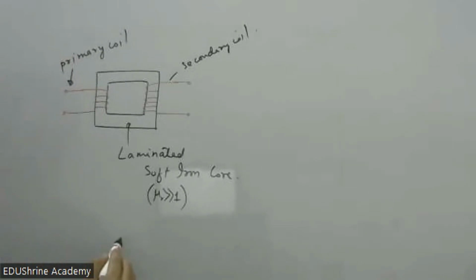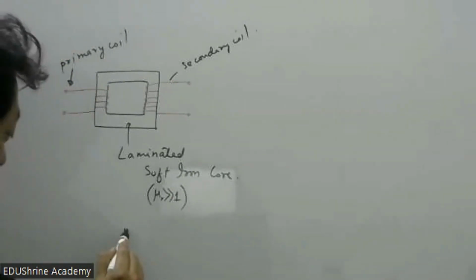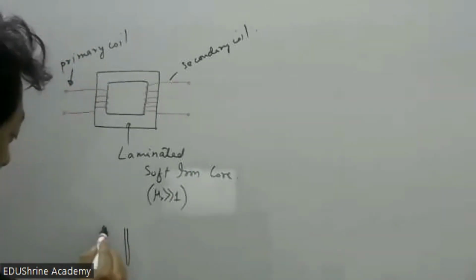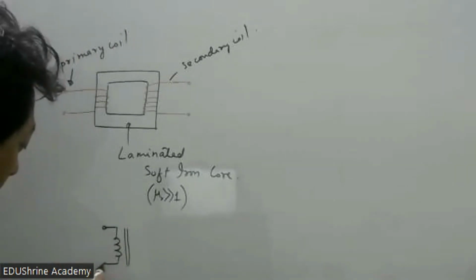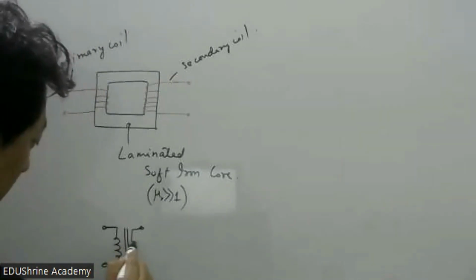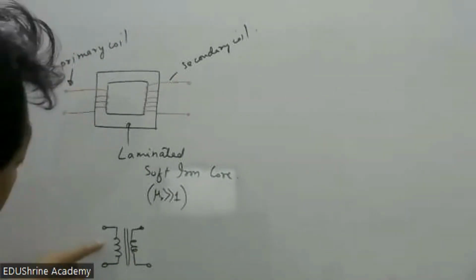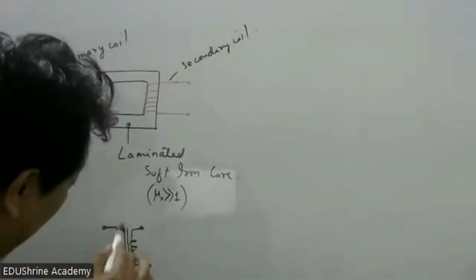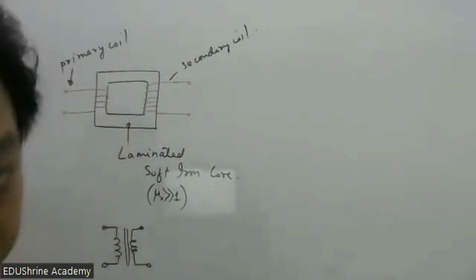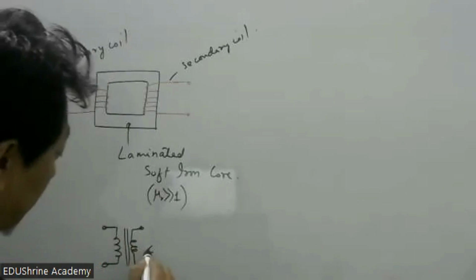In circuit symbols, they draw like this. So this is your circuit symbol. This represents your input, primary coil. This is your secondary coil, and these lines are there to represent the core. So this is the circuit symbol.